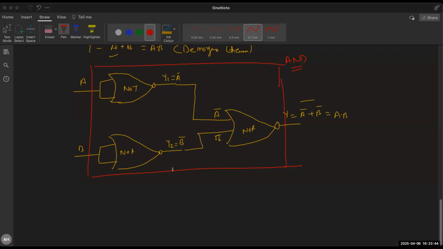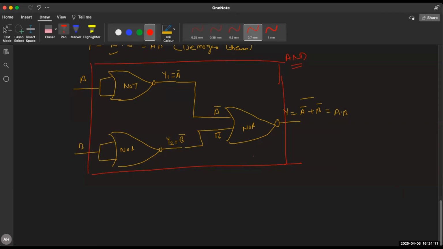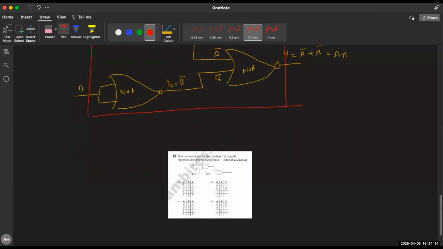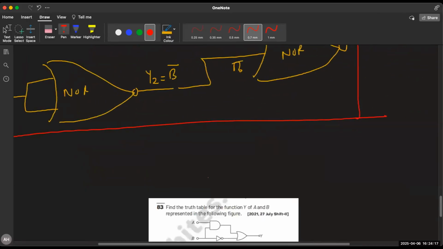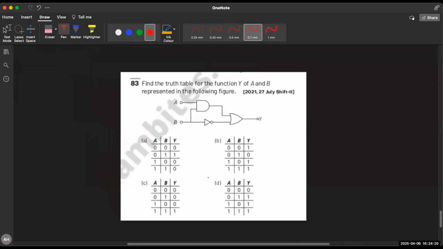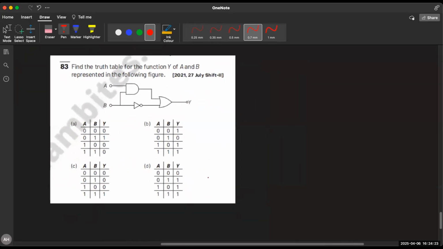We'll do one more question from the PYQ. Let's do this question.